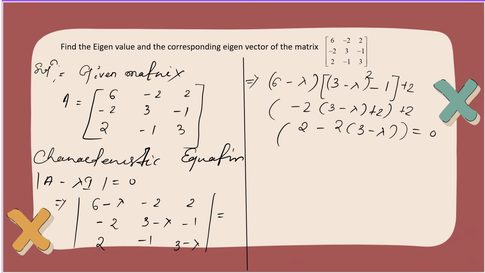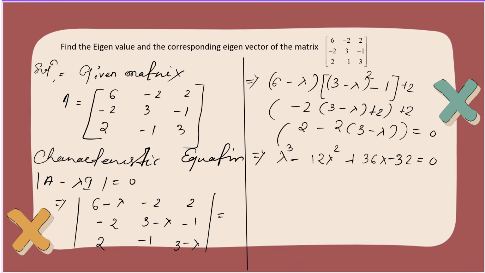Now you have to solve this. When you solve this, you get lambda cube minus 12 lambda square plus 36 lambda minus 32 is equal to 0.